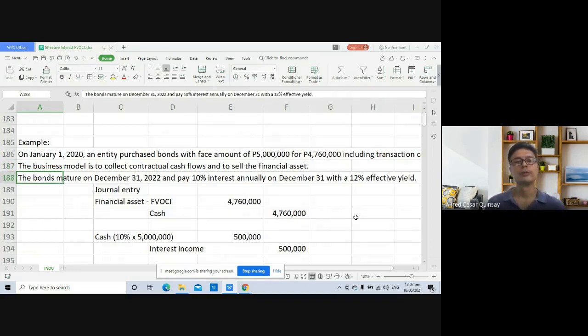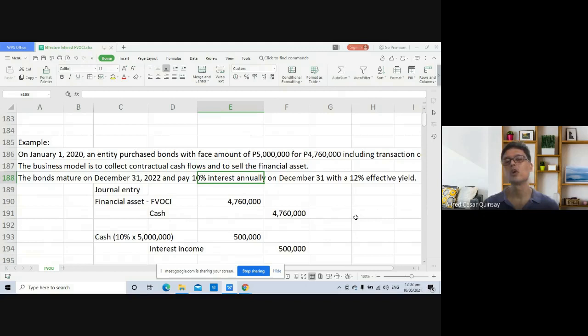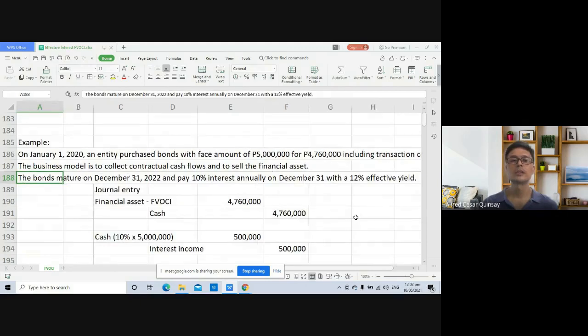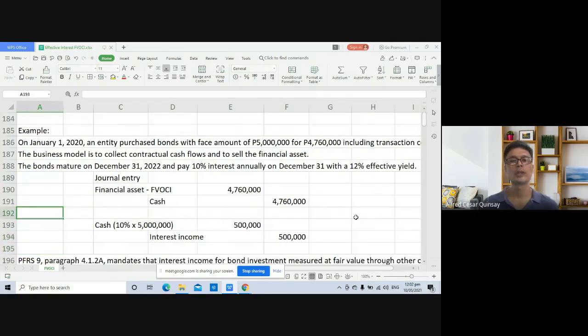The bonds mature on December 31, 2022, so this would be after 3 years, 2020, 21, 22, and pay 10% interest annually on December 31 with a 12% effective yield. But since this is a discount, its effective rate is higher than the nominal rate. So let's take up the journal entry first.